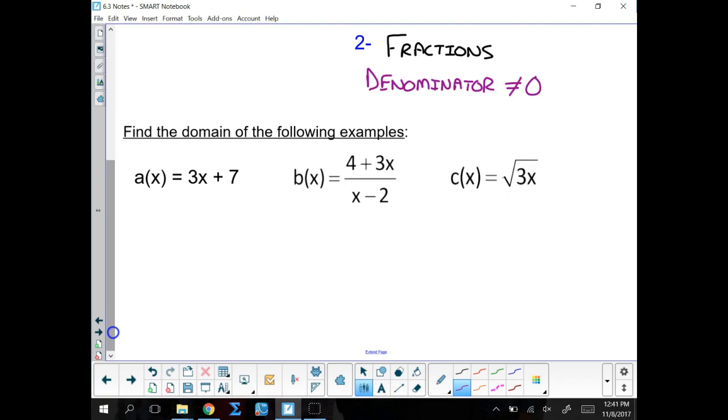In the first one, in function A, A of x, do we have a radical? No. Do we have a fraction? No. So are there going to be any restrictions in our domain? No. So what's our domain then? All real numbers.